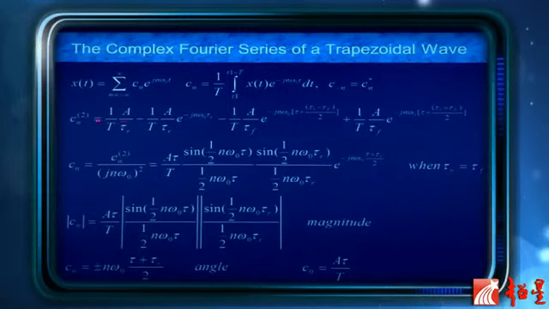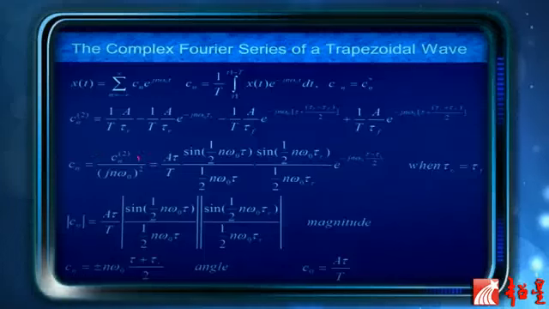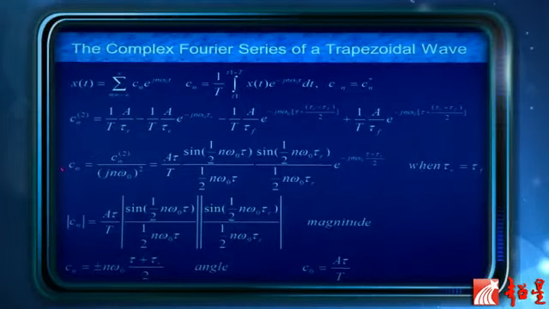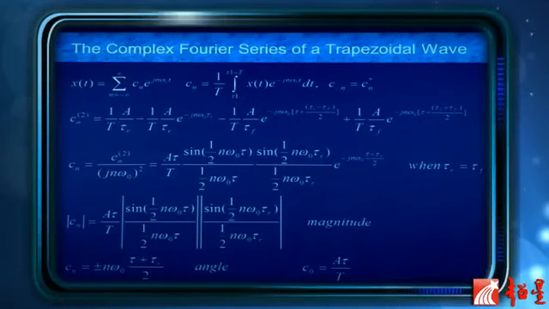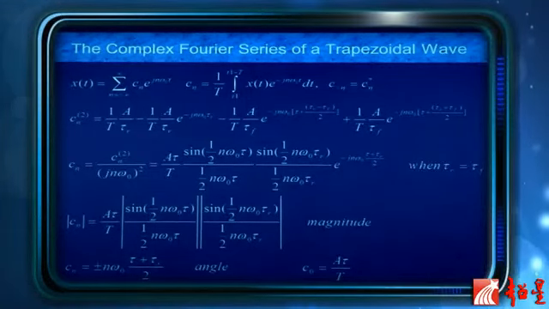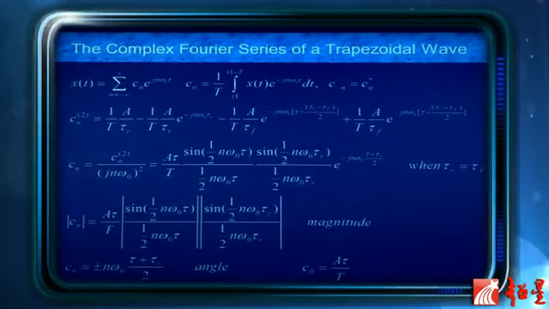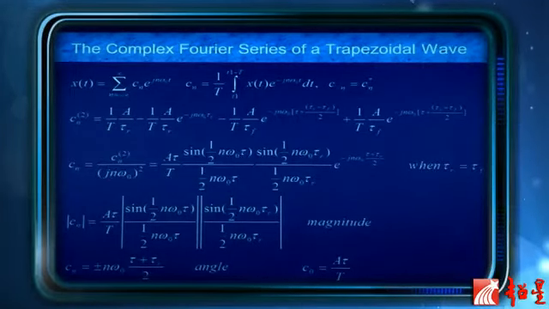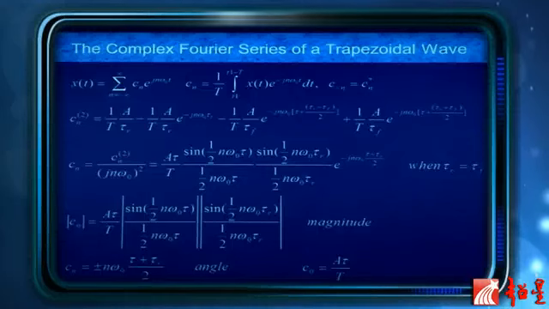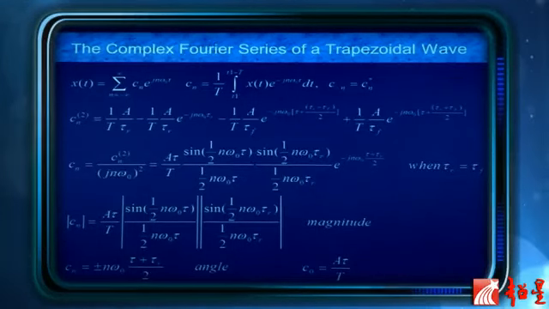So once you obtain this, you divide this by the square of this, and then you can get Cn. There are a lot of details, but the principle is pretty simple. If you're careful, you should be able to do it. So this is the coefficient of the Fourier series expansion for the trapezoidal waveform.